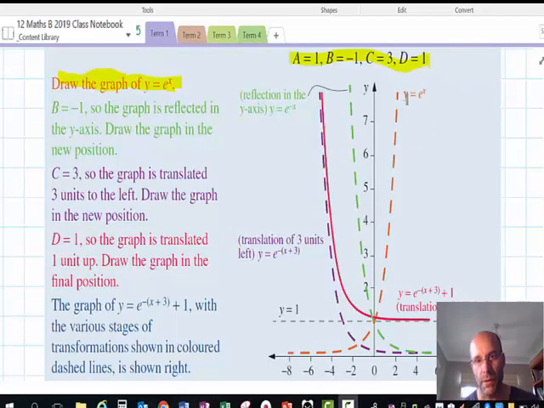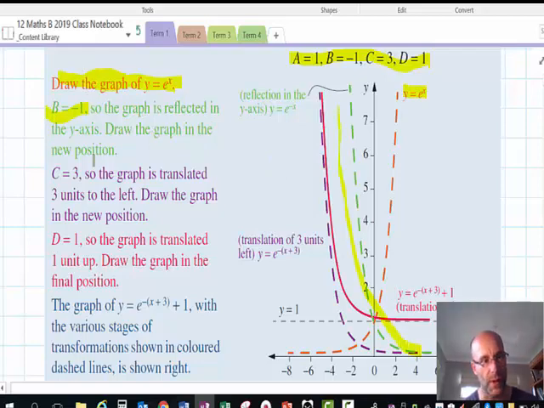So step 2 could be doing that. On the graph you can see that they've started with e to the x first, and then in green, they've reflected it there. So that's an easy step to do.